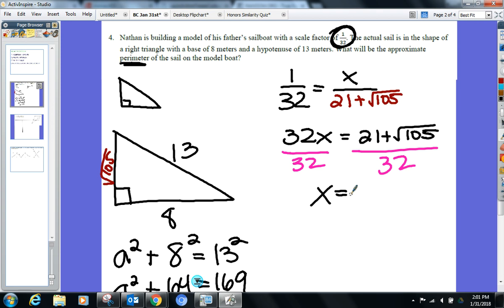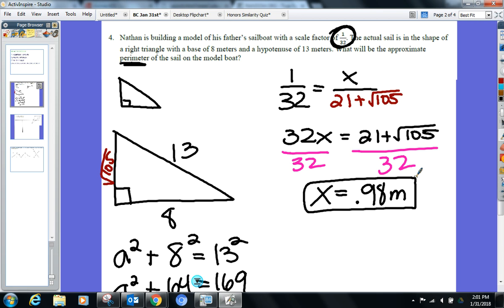And we're looking at nearest hundredth. 0.98 meters. Yep, it was 0.976, which rounds up to 0.98. So 0.98 meters for the actual, or the model, excuse me.